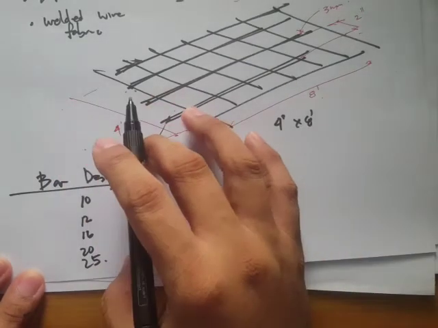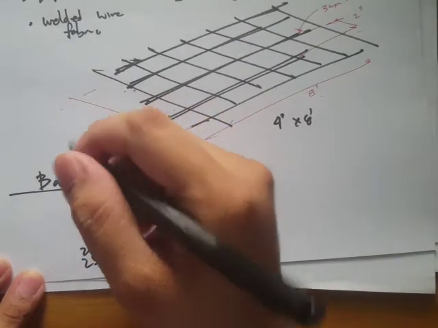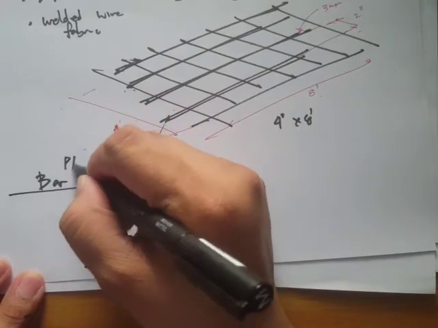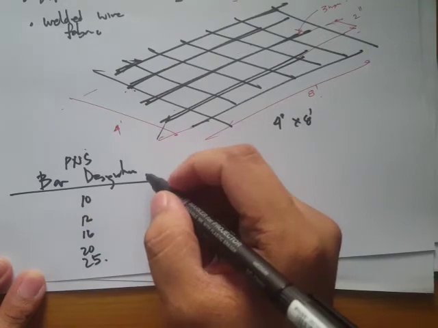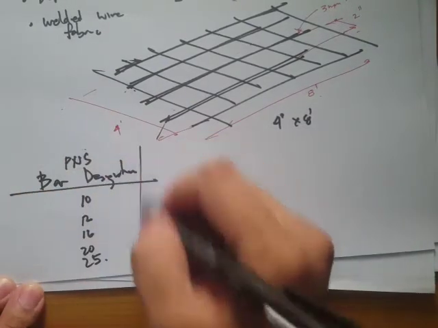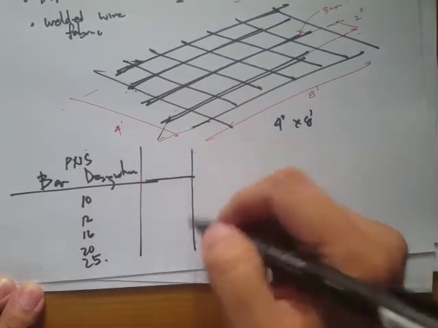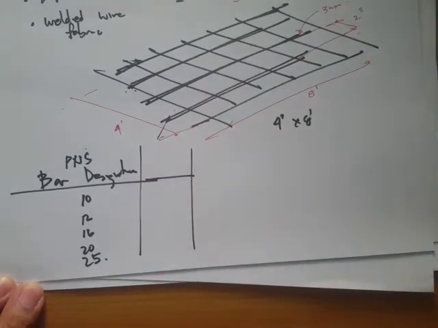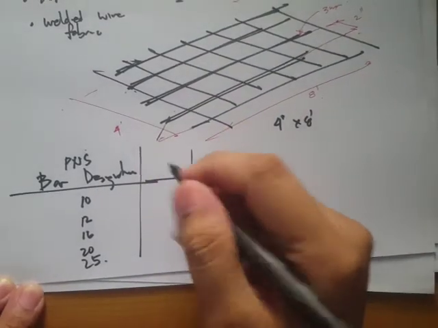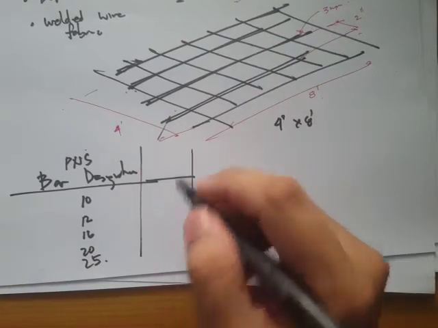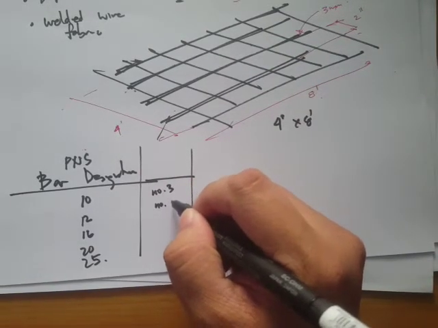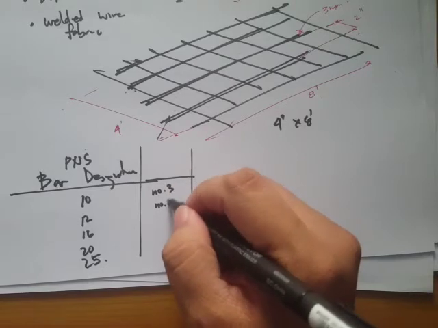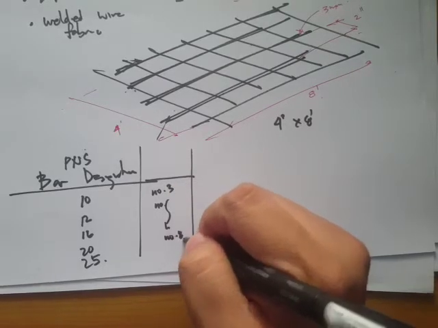So take note that our bar designation is, I think, in the PNS or Philippine National Standards. There's also other bar designations. I don't know if it's in ASTM or something, but they have like number three bars, or probably number 8 or something like that.